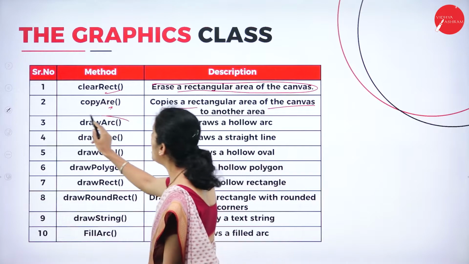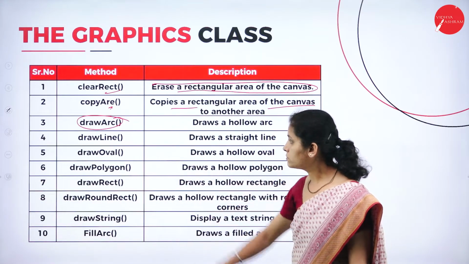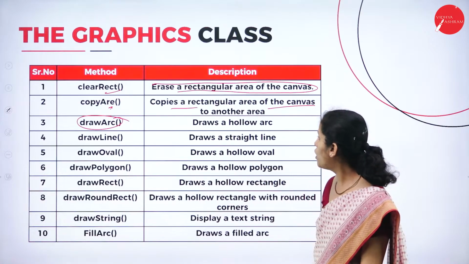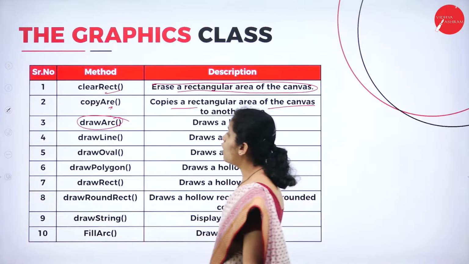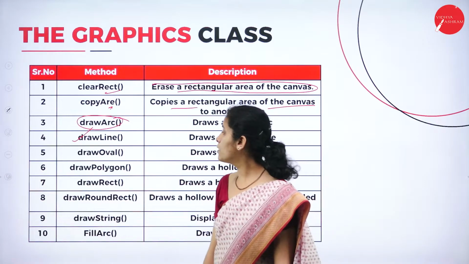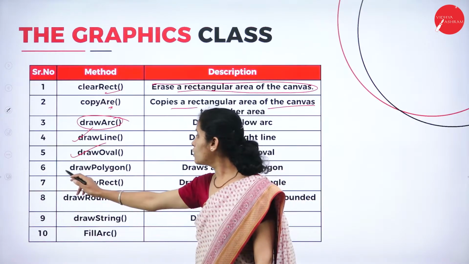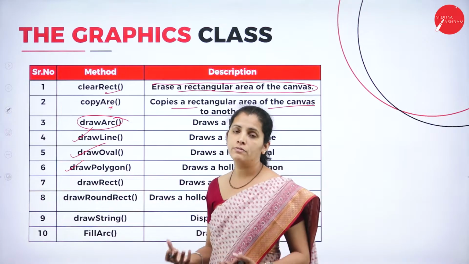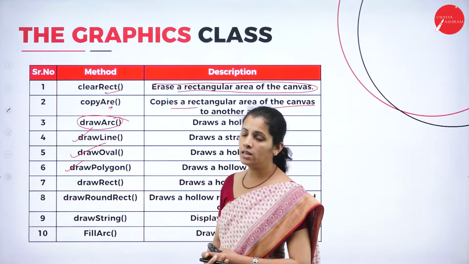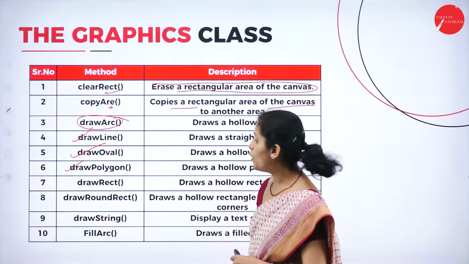And drawArc. Suppose I want to draw the arc, I'm going to make use of drawArc. Then drawLine. Suppose I want to draw the line, I'm going to make use of the method drawLine. drawOval to draw the oval. drawPolygon. Suppose I want to draw the polygon, then I'm going to use drawPolygon.